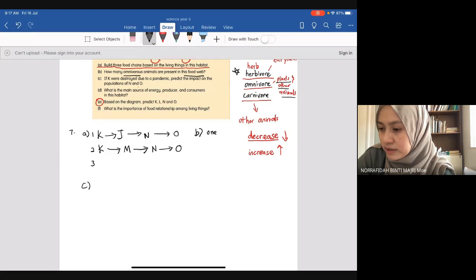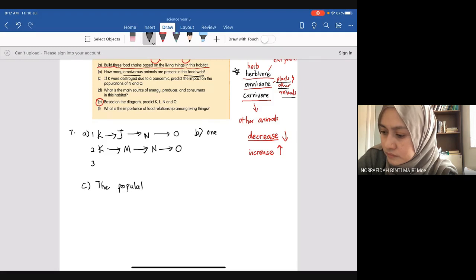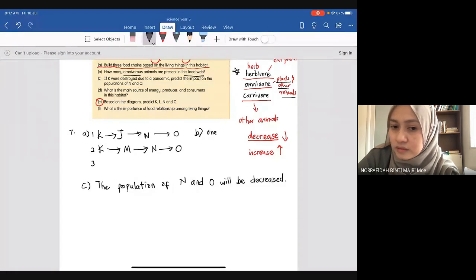See, you can write down like this. The population of N and O will be decreased. Okay.